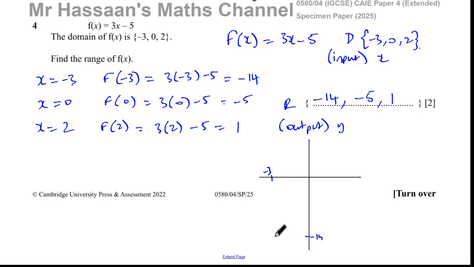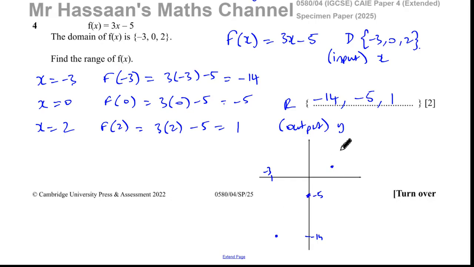So I would put here a dot representing that point. And then you have 0 and minus 5 should be somewhere over here, let's say. Then you have 2 and 1, somewhere over here. They'll be in a straight line, but you don't join them together with a straight line.